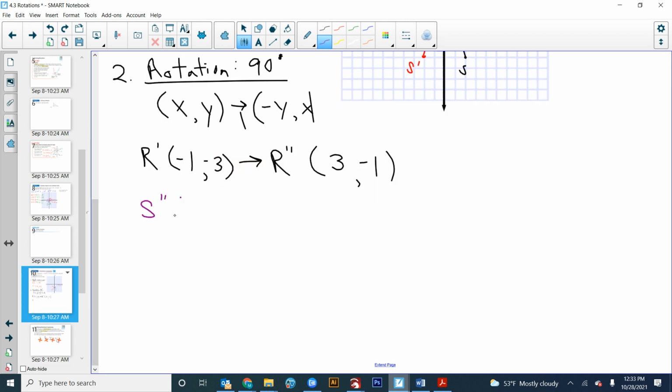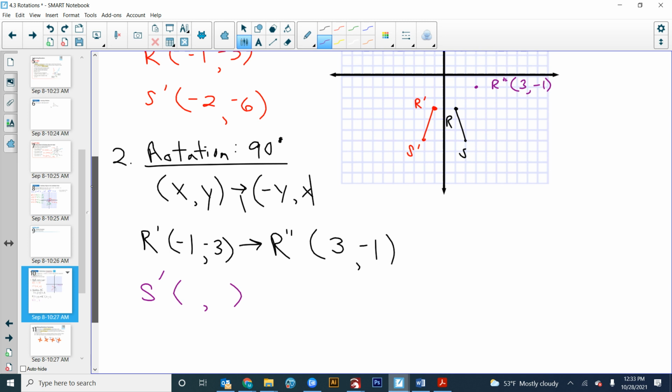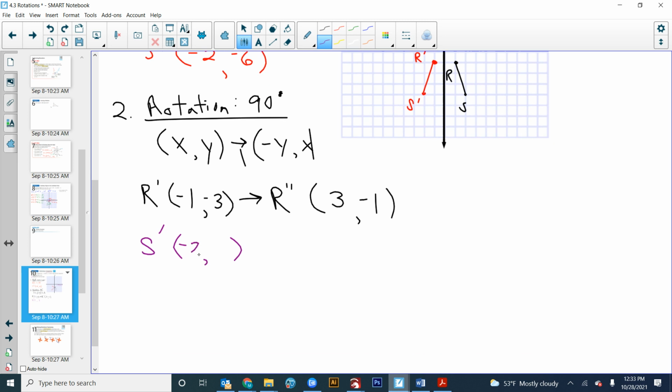S double prime. Nope. Sorry. Got excited. S prime, which was -2, -6, turns into S double prime. Ava, you got this one?